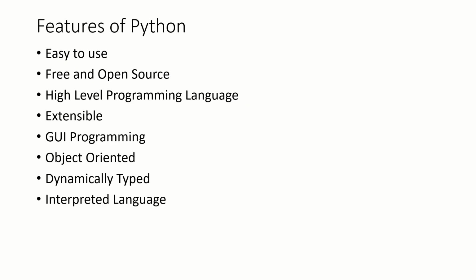Okay, so let's begin with the features of Python, what Python provides you as a programmer. Python is an interactive, interpreted language with simple syntax. It has become increasingly popular because of the features which I mentioned in this particular slide. First of all, it is easy to use.